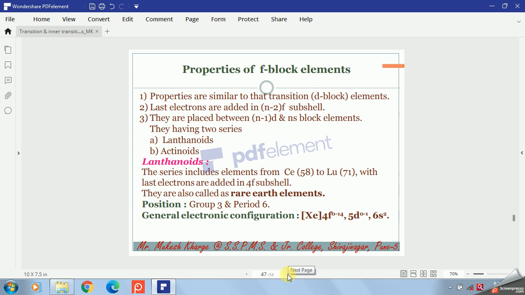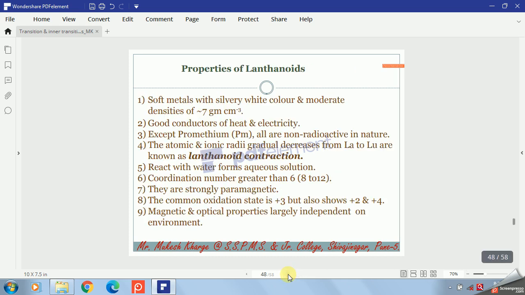So let us discuss the detailed electronic configuration of lanthanides. You see the next table. Just before that, we will see the properties of lanthanides. First, they are soft metals with silvery white color and moderate density of nearly 7 gram per centimeter cube. Then they are good conductors of heat and electricity.